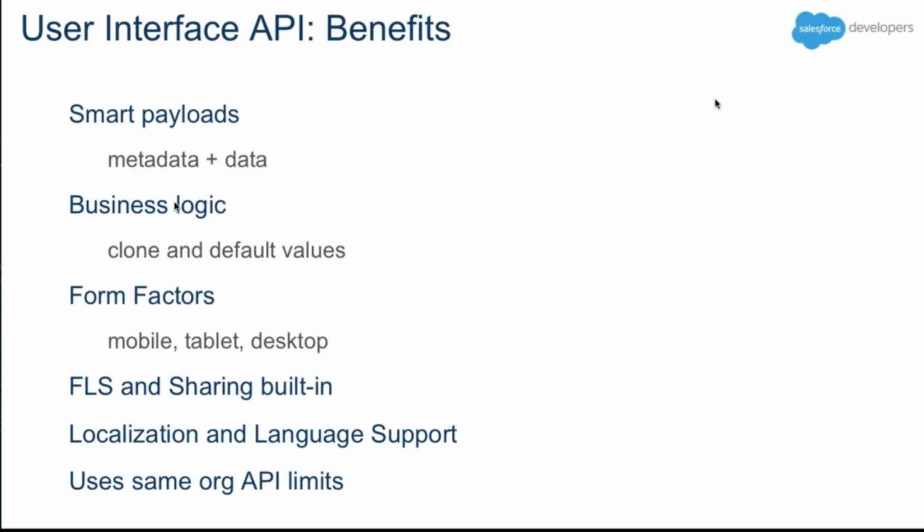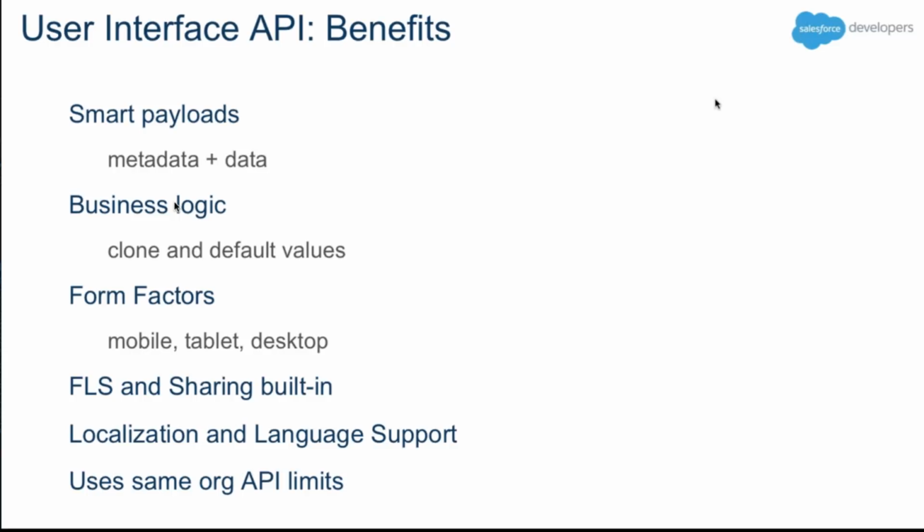We also support different form factors with the same API. And this is really good when you want to build responsive web pages, because you can use the same API, and as people change their device or change their browser window format, you can show them the mobile version versus the tablet version versus the desktop version without working with different APIs or changing your code all that much.